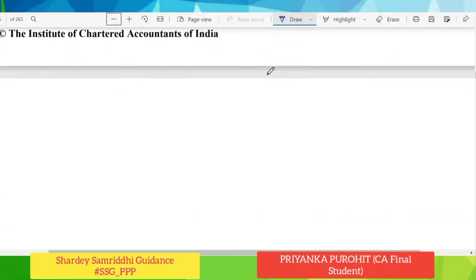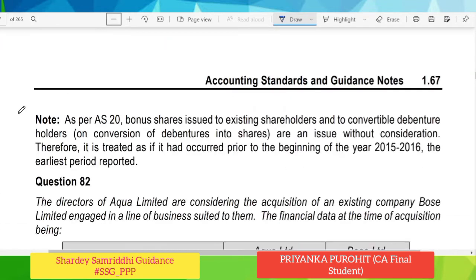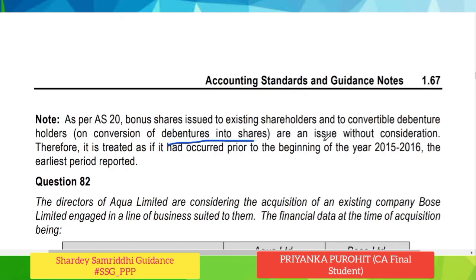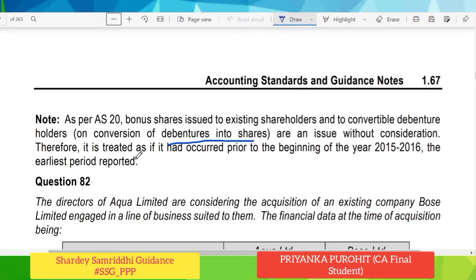So there is a dilution in EPS. As per AS20, bonus shares issued to existing shareholders and to convertible debenture holders on conversion of debentures into shares are an issue without consideration. Therefore, it is treated as if it had occurred prior to the beginning of the earliest period reported.